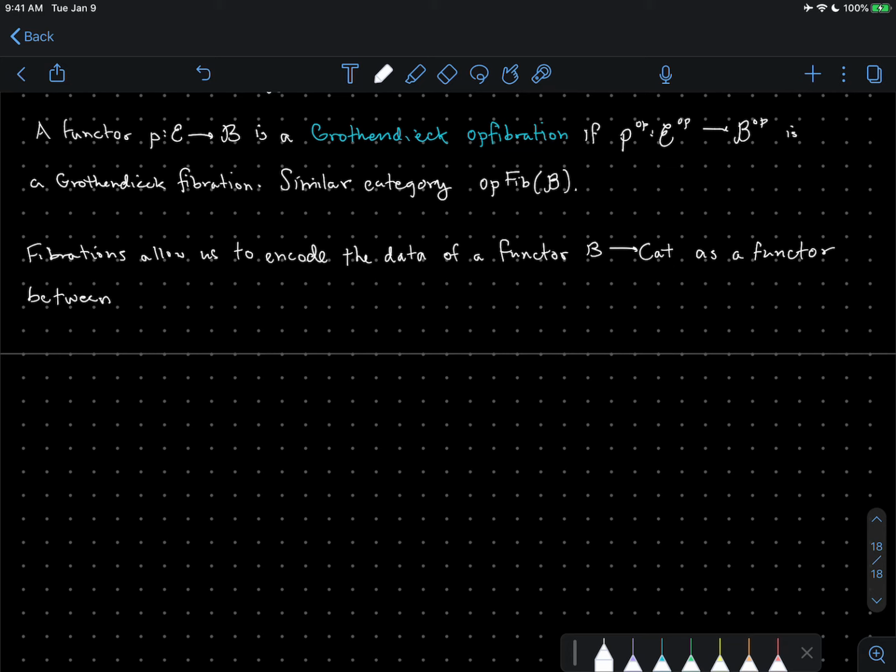That is, as a map inside Cat. It's this reduction of category level that is very important. So it tends to be easier to display a functor E to B and check that it is an op fibration or a fibration than to give an entire functor from B into all of Cat.